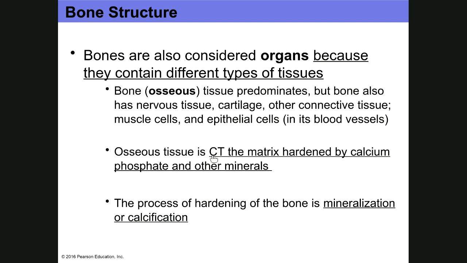Okay, so it says here, osseous tissue is connective tissue with a matrix. You're going to find a matrix in the osseous tissue, and that matrix is hardened. This is what gives the bone a hard quality, the fact that the matrix is considered calcified.